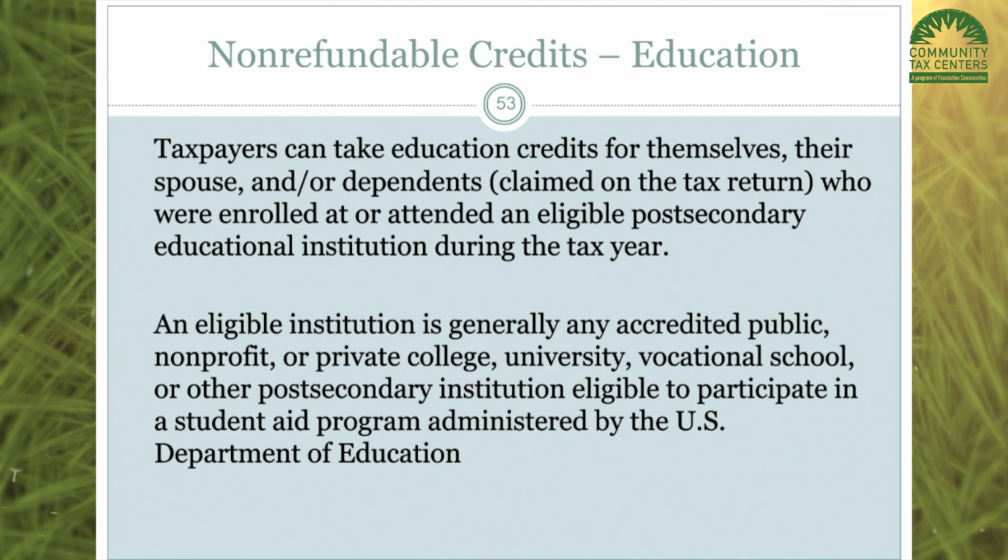So taxpayers can take education credits for themselves, their spouse, and or dependents claimed on the tax return who were enrolled at or attended an eligible post-secondary educational institution during the tax year. So this means it has to be recognized by the Department of Education. On there, it could be a trade school, a vocational school, a private college, a non-private university, any type.